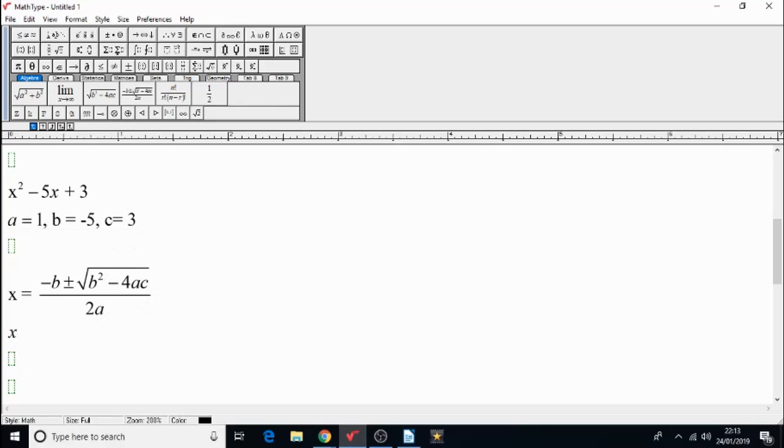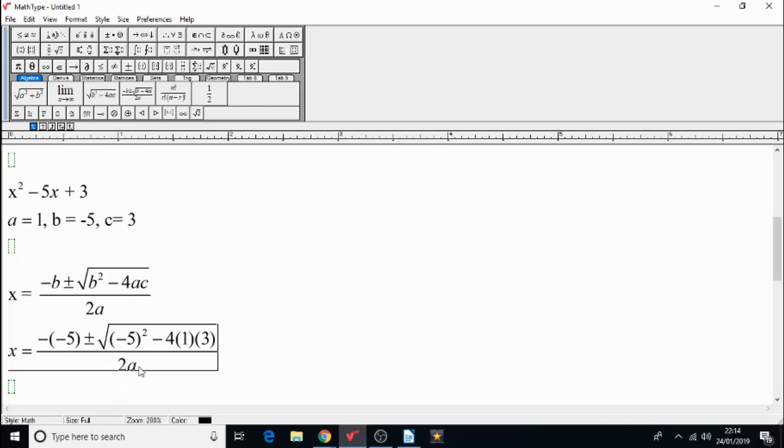So x is equal to, let's put the formula in and just replace the values accordingly. b is equal to minus 5. a is equal to 1. c is equal to 3. And a is equal to 1.